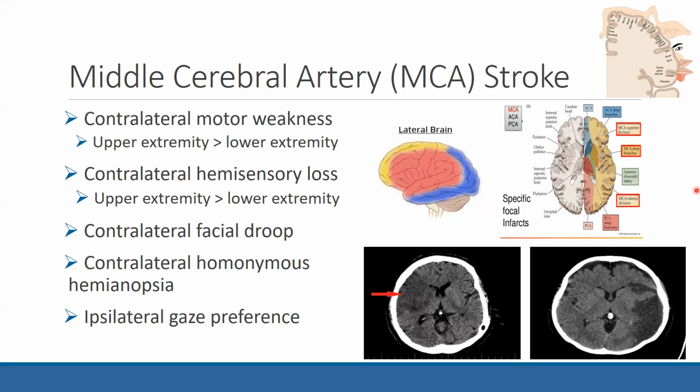And this is because you're damaging some of the fibers that kind of go from the eyes back to the posterior portion of the brain. So there's impairment there where you're going to get a deficit of vision to the contralateral side. And in addition to that, you get an ipsilateral gaze preference. So for example, if I have a left MCA stroke, I may not be able to see the right side of space, and therefore my gaze preference might be to the left side of space. So hopefully that makes sense.